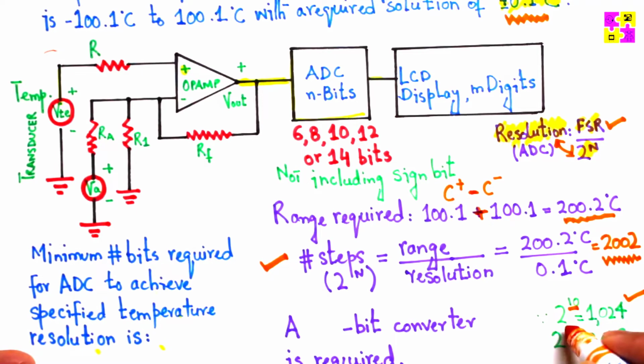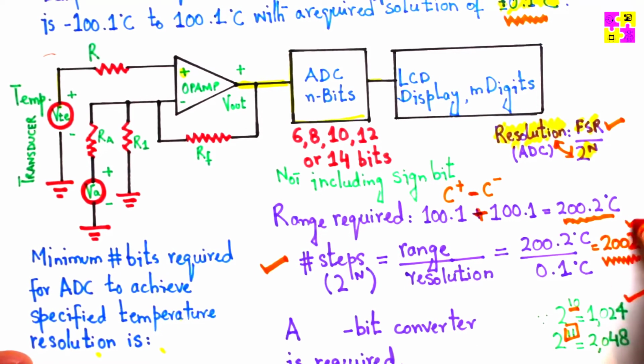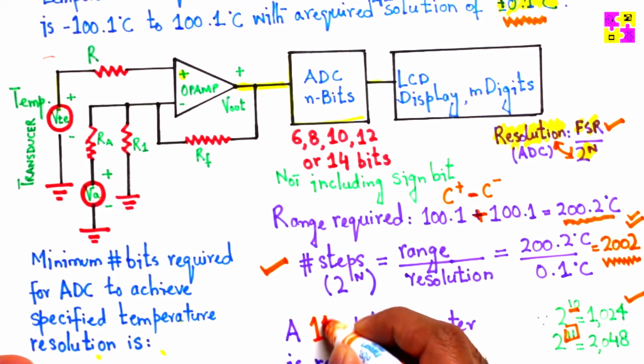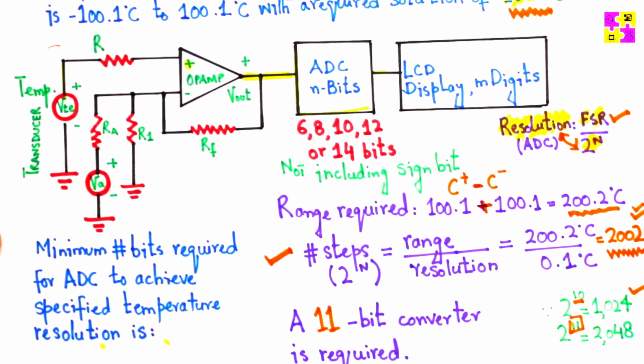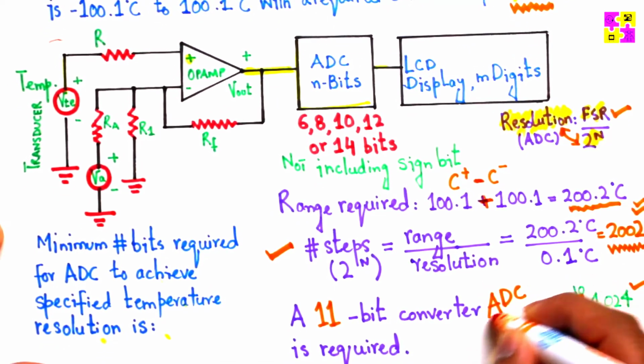But if I increase the number of bits to 11, now I get the maximum range value of 2048, and this value is within the range. Therefore, an 11-bit converter is required. And that is your answer.